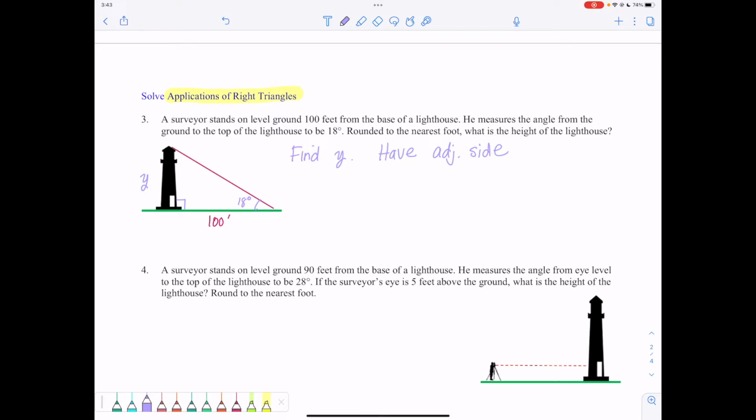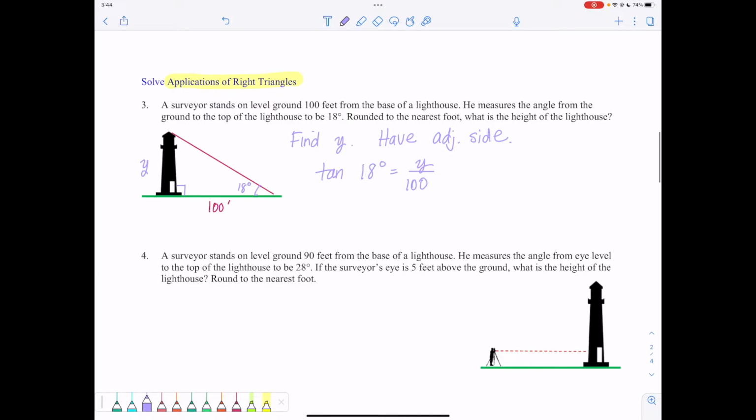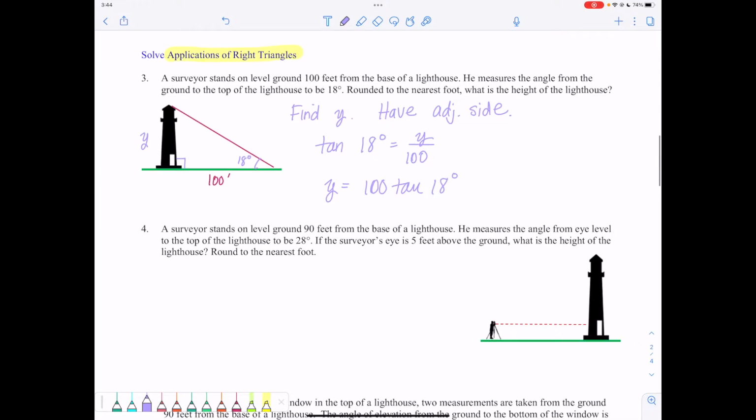So if we have an angle and an adjacent side and we need y, we could say that the tangent of 18 degrees is the opposite side over the adjacent. So we could say that y equals 100 multiplied by the tangent of 18 degrees, and y is approximately 32 feet.